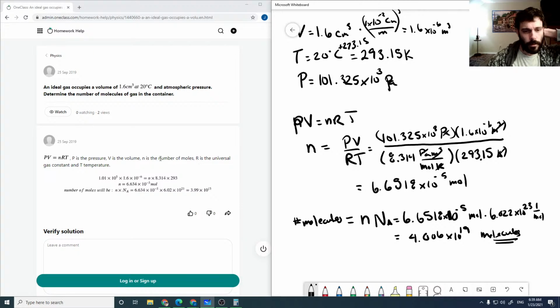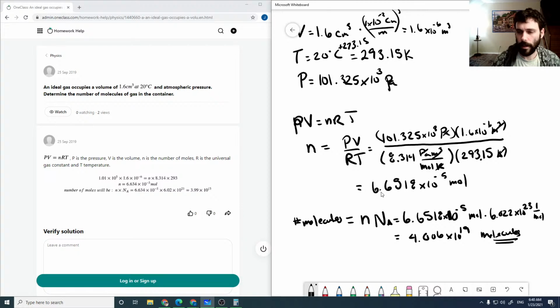Alright, so looking at the solution here, we get about the same number of moles. The difference there would be probably my extra digits on the pressure and my extra digits on the temperature. Then the number of molecules would be multiplication by Avogadro's number.